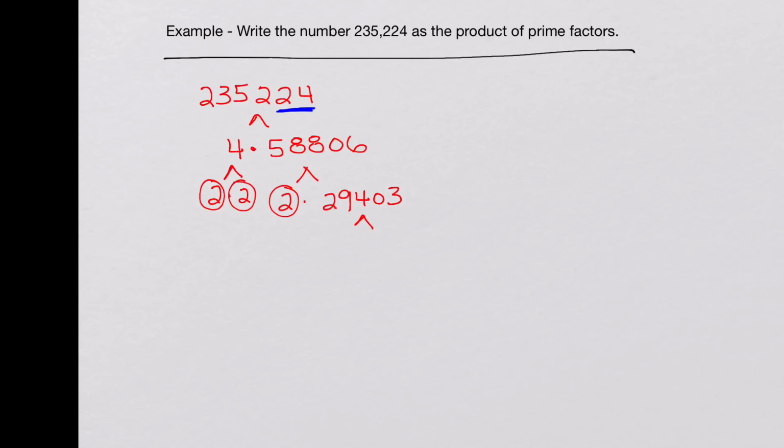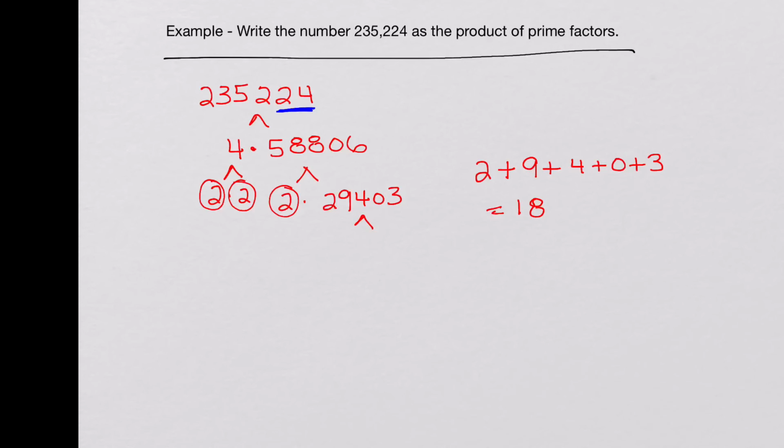Sure. All right, now I'm going to look at 29,403. Well, we've shrunk this down quite a bit already. Is it divisible by 3? For my divisibility rule for 3, I just take the digits 2 plus 9 plus 4 plus 0 plus 3, and I see, is this equal to a multiple of 3? Well, we get 11, 15, 18.